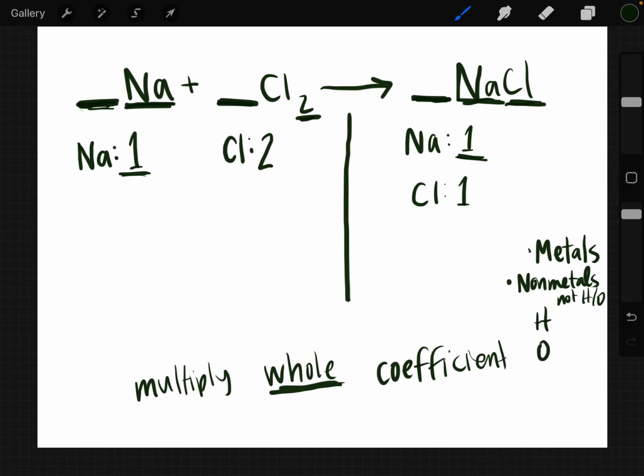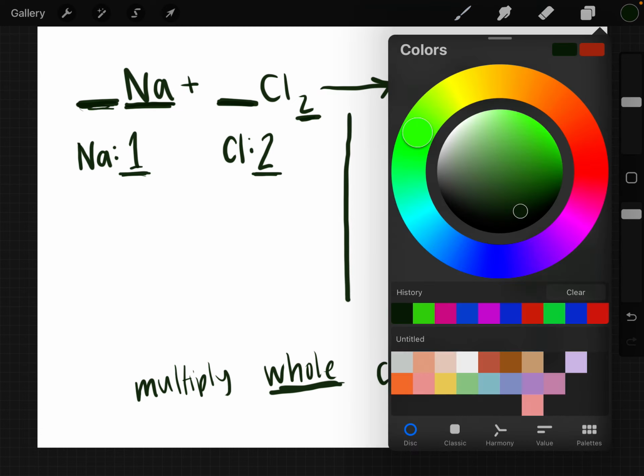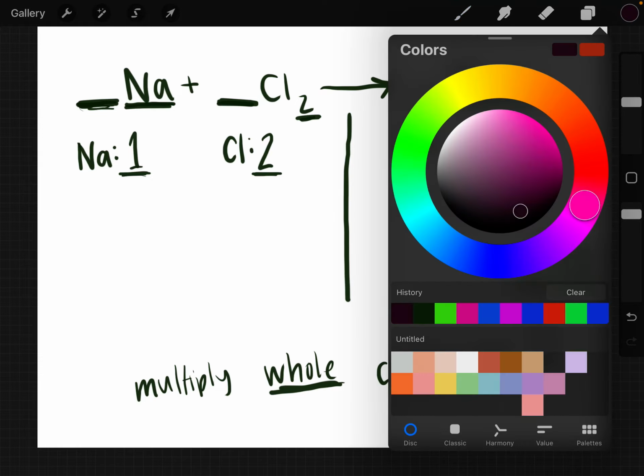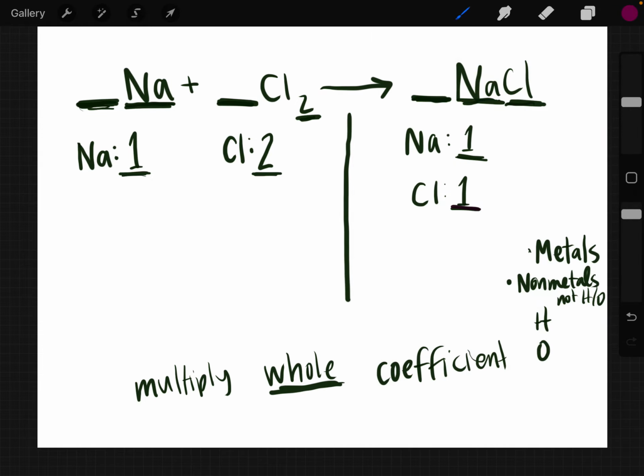Next down the list would be chlorine, because it's a non-metal, it's not H or O. I'm going to look right here. Chlorine has 2 on the left, chlorine has 1 on the right. Well, that's not balanced, right? Because 2 is not equal to 1. So I'm going to multiply by the smaller number. And I'm going to put a big 2 right here.